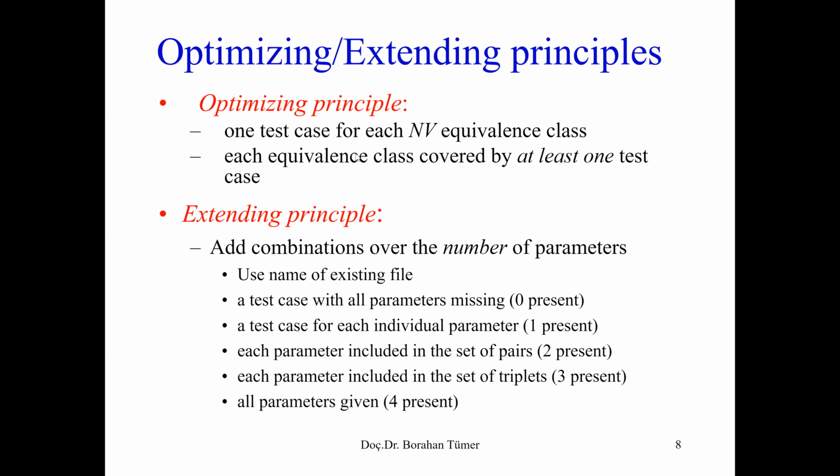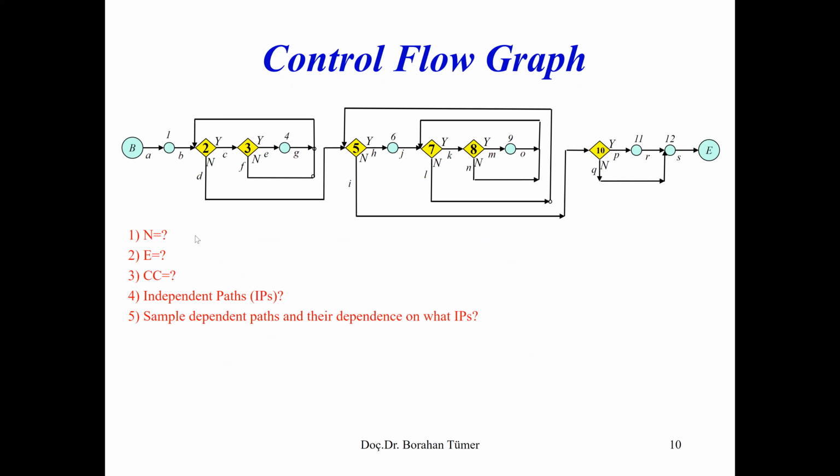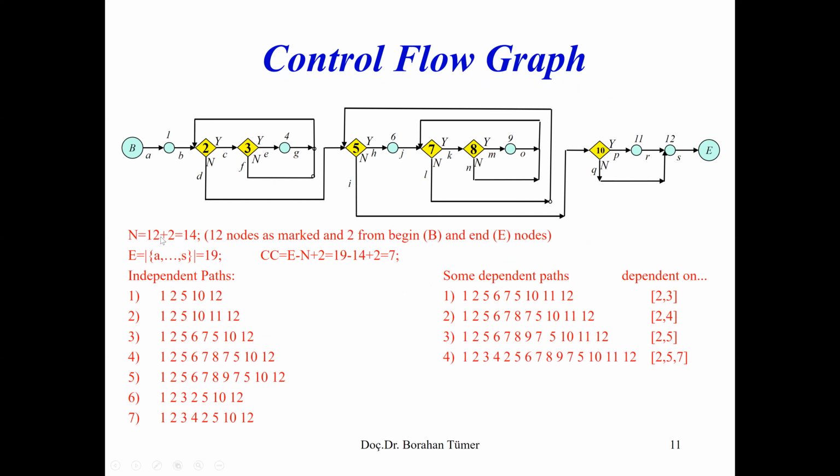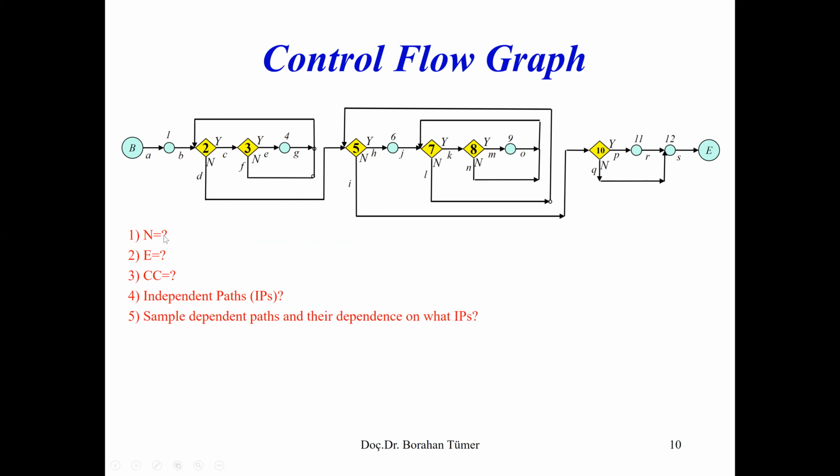Well, to compute the cyclomatic complexity, what do we need to do? So n is equal to 12 here. What is E equal to? And the E, the number of edges, actually the edges are marked with the lowercase letters.